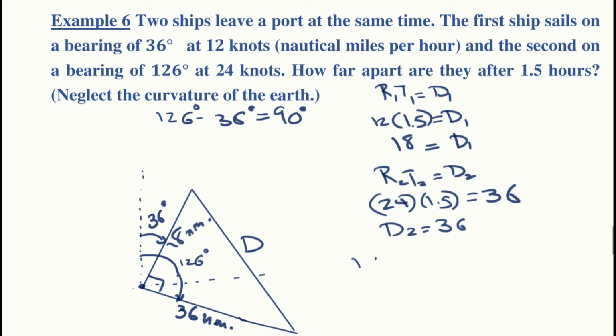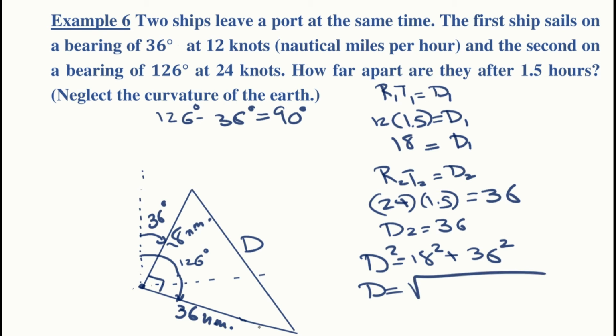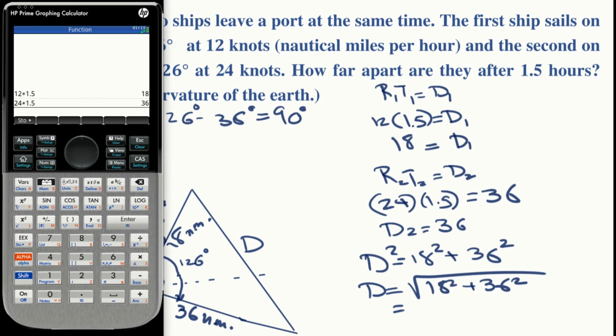So we have 18. Let's start with D squared on this side. It'll make it look nicer. So we have D squared equals 18 squared plus 36 squared. So D is going to be the square root of 18 squared plus 36 squared. So all that's left is for us to go ahead and do the square root of 18 squared plus 36 squared.